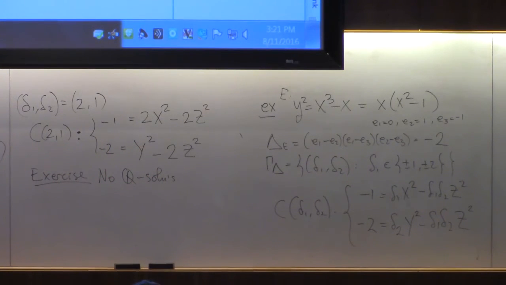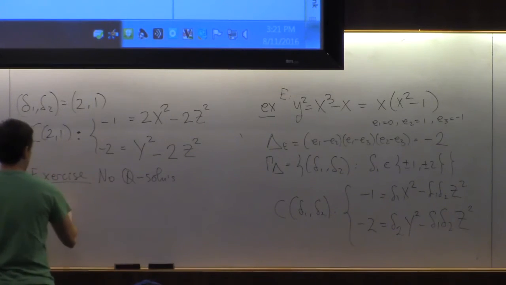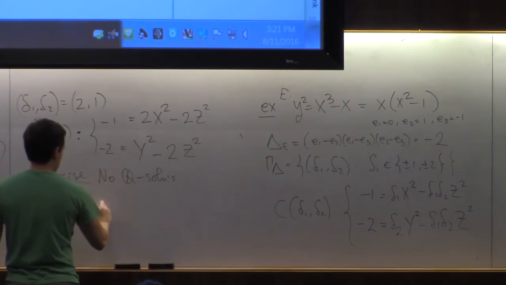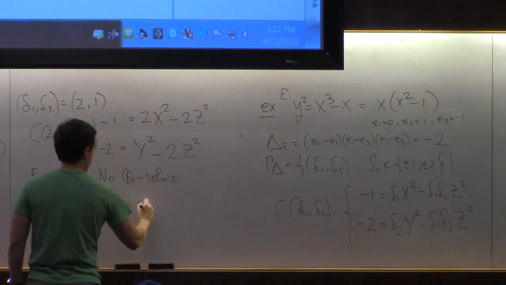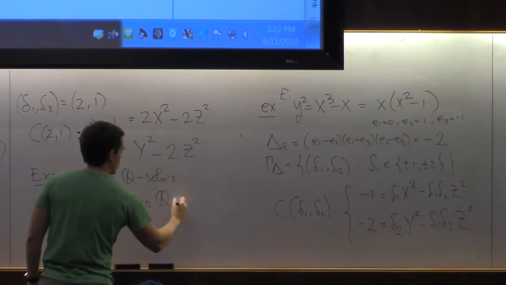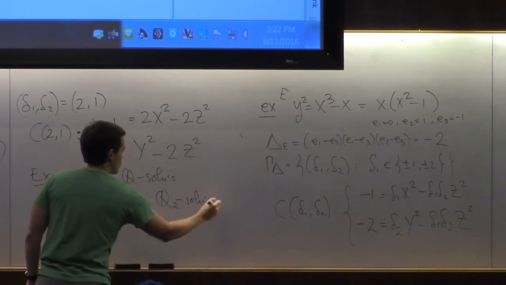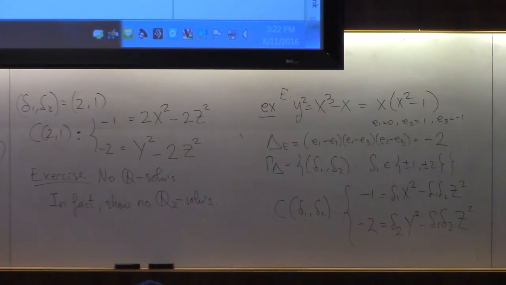But as I say, the only thing you have to worry about is the powers of 2 in the denominator and the numerator. The argument is about evenness. So what that means is that what is actually failing here is Q2, the 2-adics. You can actually show that there are no Q2 solutions.